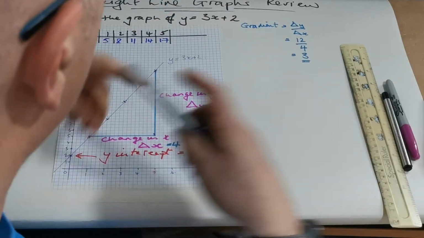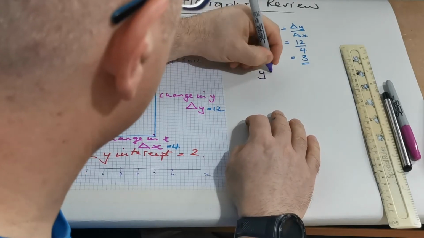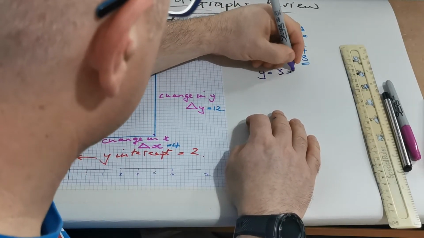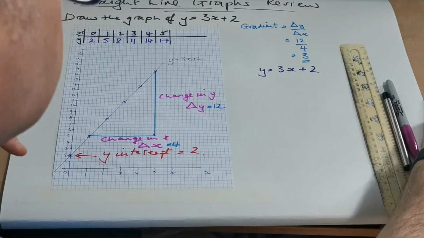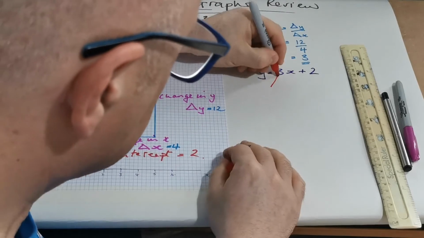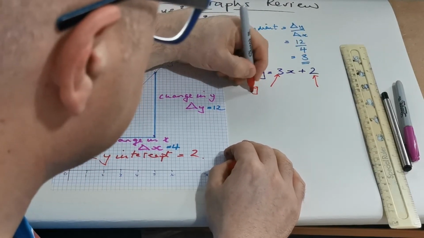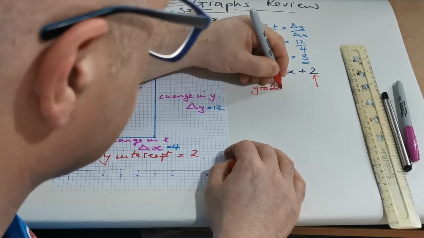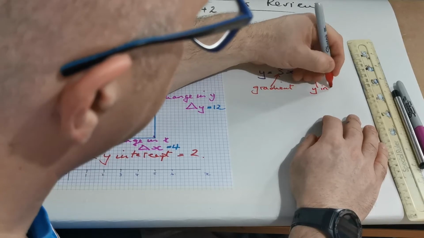Now, when we look back at what we had originally, which was y equals 3x plus 2, you can see that we've got some things that have crossed over. So this is the gradient, and this is the y-intercept.